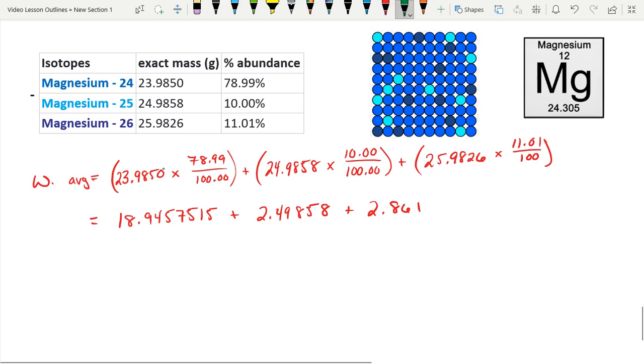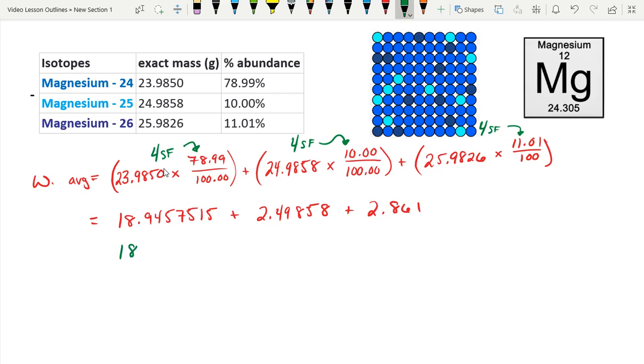Now for significant figures, we're going to round each of these to the lowest number of significant figures because that is the rule for multiplication and division. So for this first section, we're rounding to 4 sig figs because of the 78.99. In the second section, we're also rounding to 4 significant figures because of the 10.00. And then same thing here in this last section due to the 11.01.